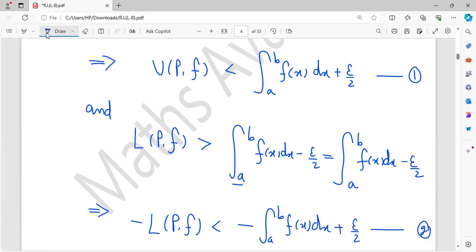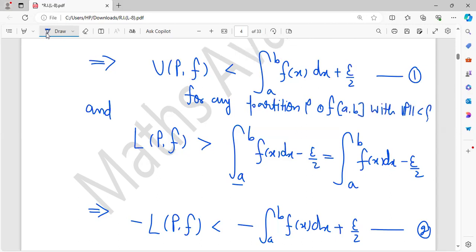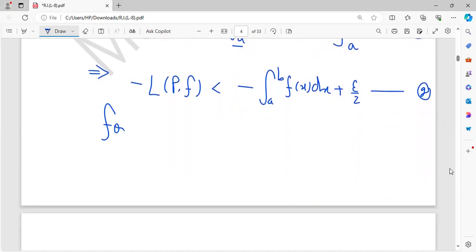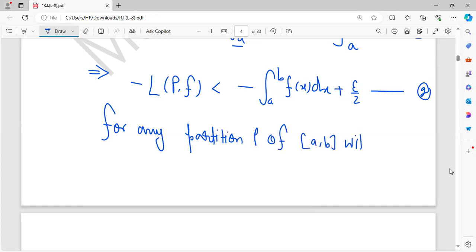So this is equation 2. Equation 1 holds for any partition P of [a,b] with norm of P less than delta, and this is also for any partition P of [a,b] with norm of P less than delta.